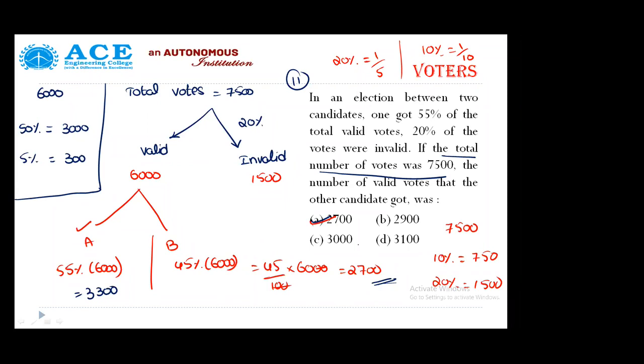Among the polled votes, valid and invalid are decided. Only valid votes are counted for candidates.